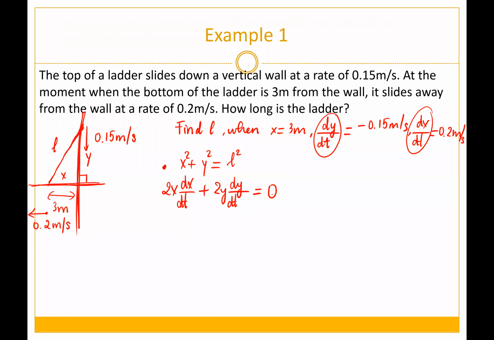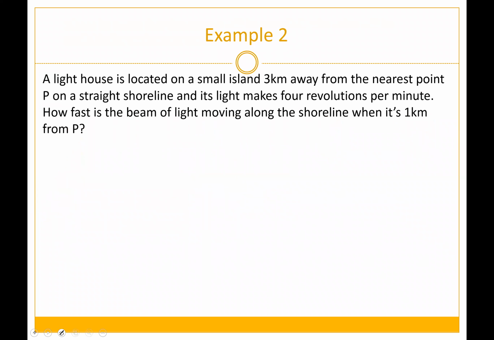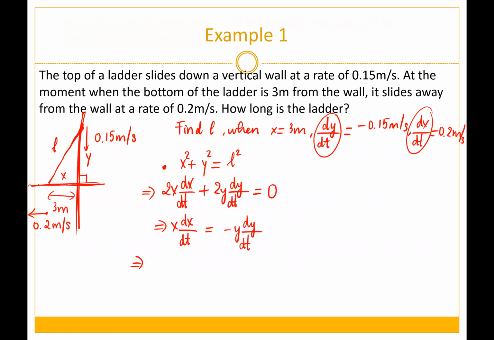Okay, so now we can solve the problem. What we end up with is x dx over dt equal to negative y dy over dt. So you need to find y at that point, because you already have dx over dt, dy over dt, and x. So y equals x dx over dt divided by negative dy over dt.